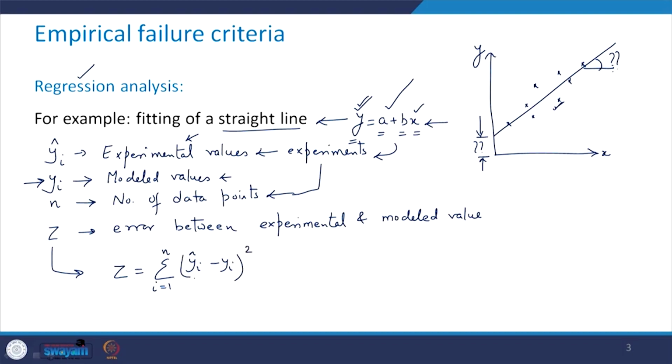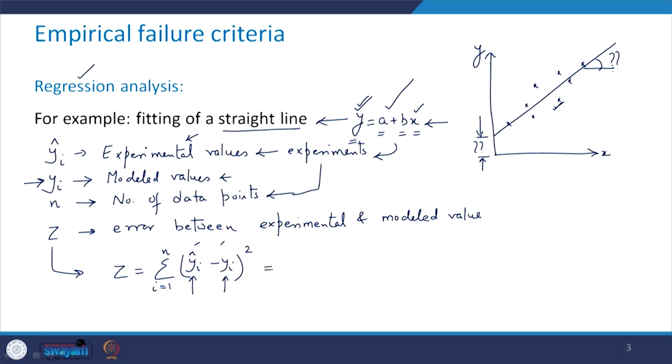This means that here we have the experimental value, here we have the modeled value, and the difference between the two, and we take the square of that so that we are not bothered about the relative sign of this difference. Either of the two can be larger or smaller than the other one.